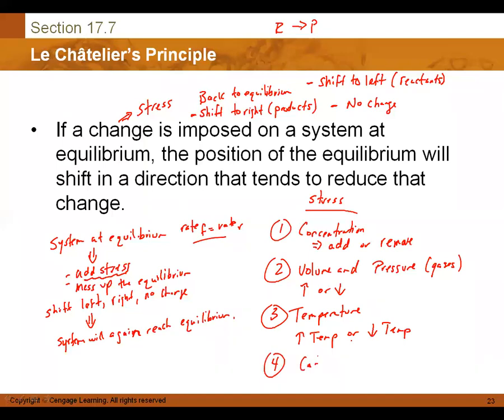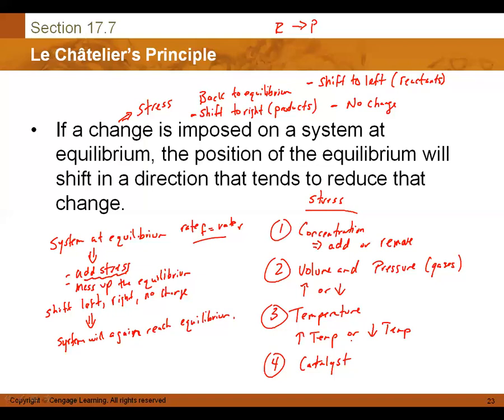If you remember from last time, a catalyst is something added to a chemical reaction, and the whole point of it is to speed up the reaction. A catalyst is not considered a reactant or a product; it is there simply to facilitate the reaction happening faster. The way it does that is by lowering the activation energy. The activation energy is the hill that the reactants have to climb to get to the other side to make products.